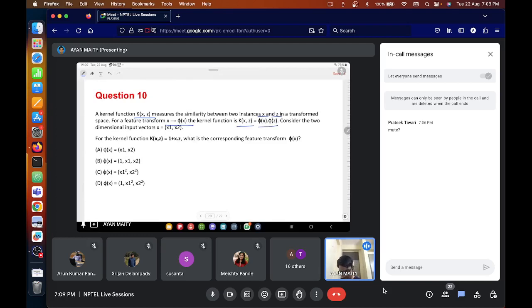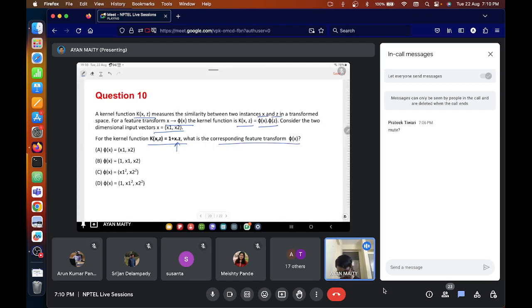Consider the two-dimensional input vectors x = (x1, x2). For this kernel function k(x, z) = 1 + x·z, which is the dot product for the vectors x and z, what is the corresponding feature transform phi(x)?